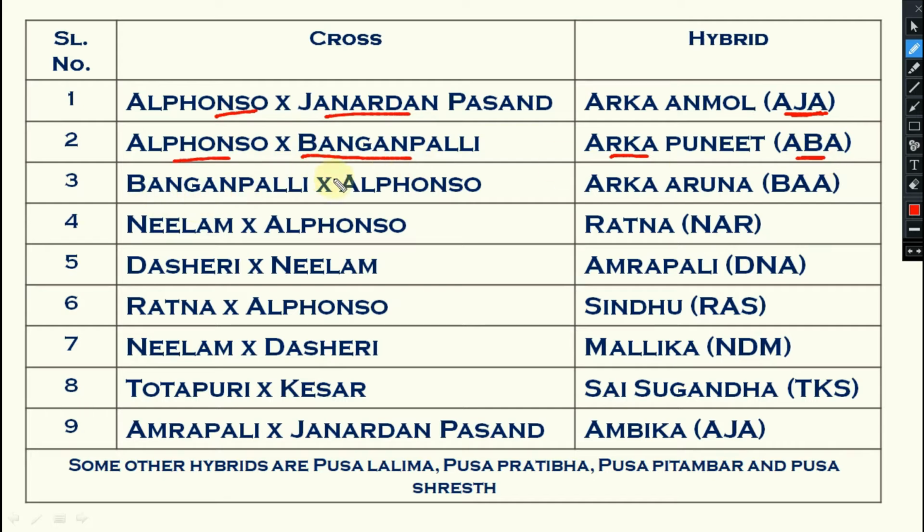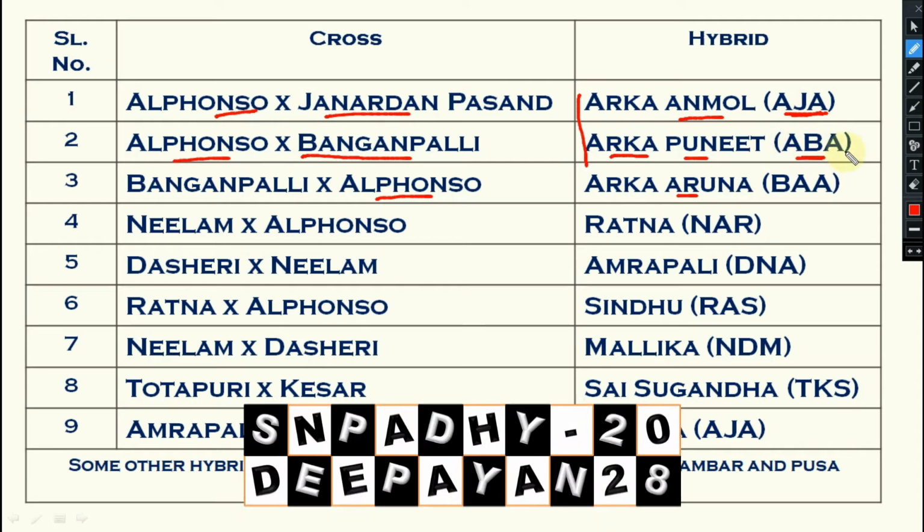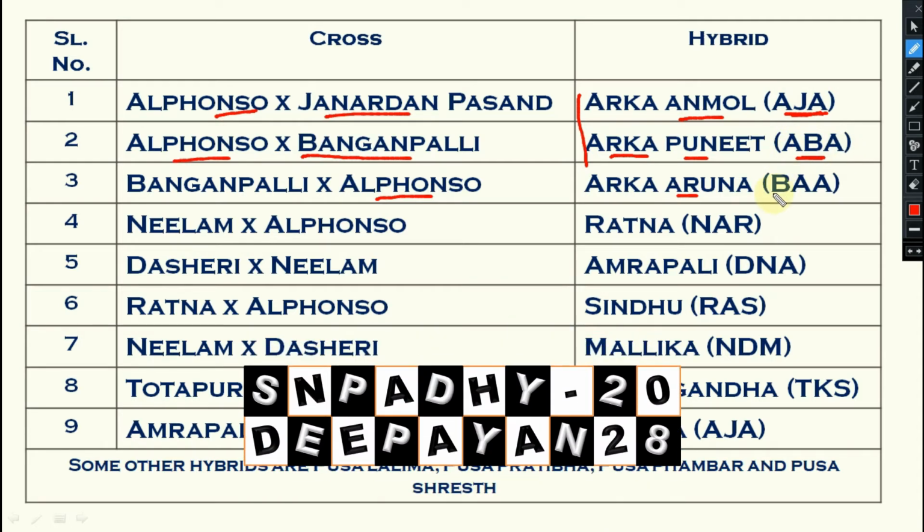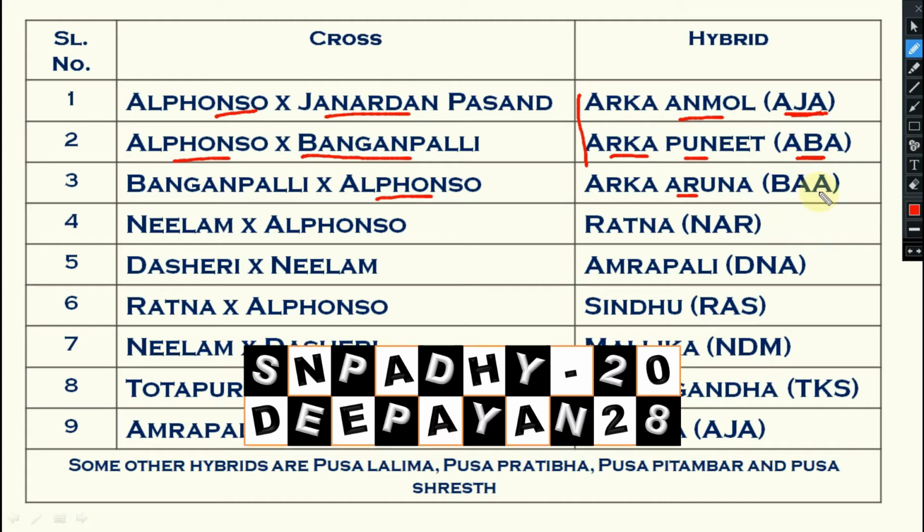Next one is Banganpalli and Alfonso. The cross will be known as Orca Aruna. Anyway, these are all Orca A only. Anmol, Punit and Aruna you have to remember. So those are AJA, ABA, BAA. AJA means Alfonso, Janardhan Pasand, Orca Anmol. This is Alfonso, Banganpalli, Orca Punit. This is Banganpalli, Alfonso, that is Orca Aruna.